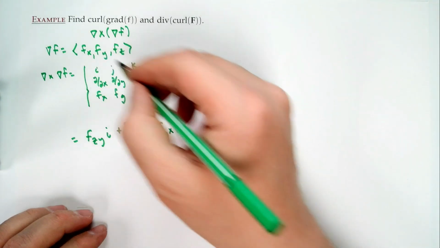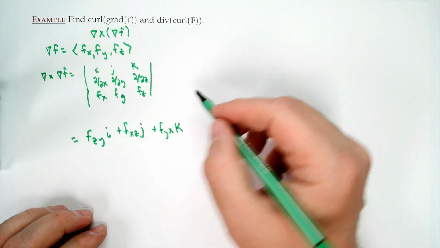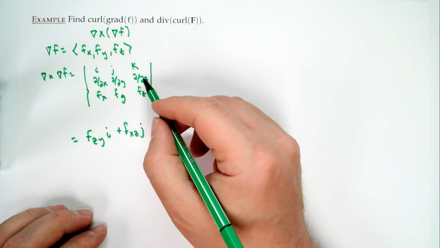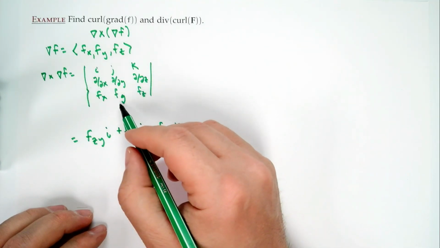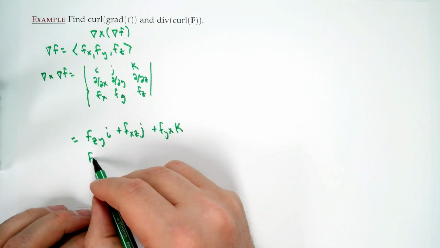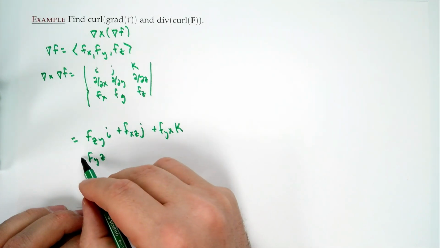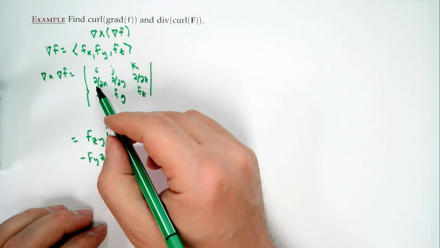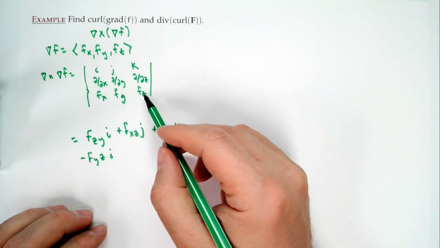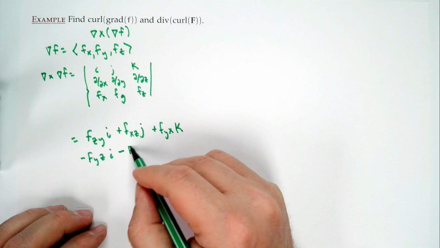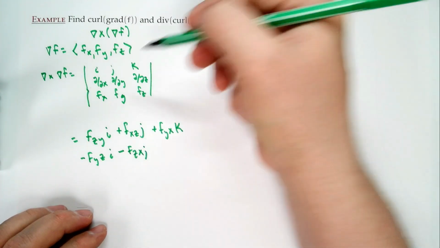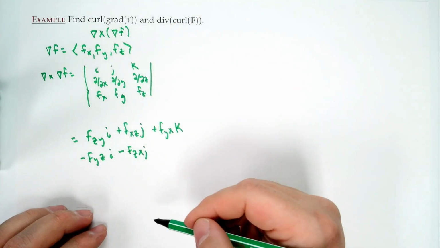So we went downhill this way, now we're going to go the other direction. So i, wrap around, partial z of f sub y, so that would be fyz, but we subtract because we went the wrong way. J, partial x, fz, so that's minus fzx in the j direction, because we subtract as we're going down the other way.